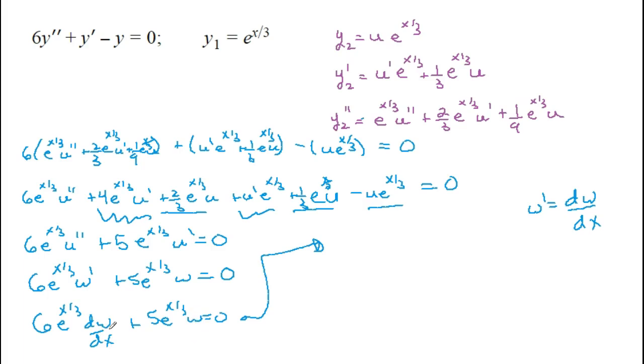So let's start by dealing with this dw since it's already in the numerator. Divide everybody by w. So I'll end up with a 1 over w dw. And then let's get this function out of here. So I want the dx, I'll multiply everybody by dx. You end up getting the e^(x/3)'s cancel, 5/6 dx equal to 0.